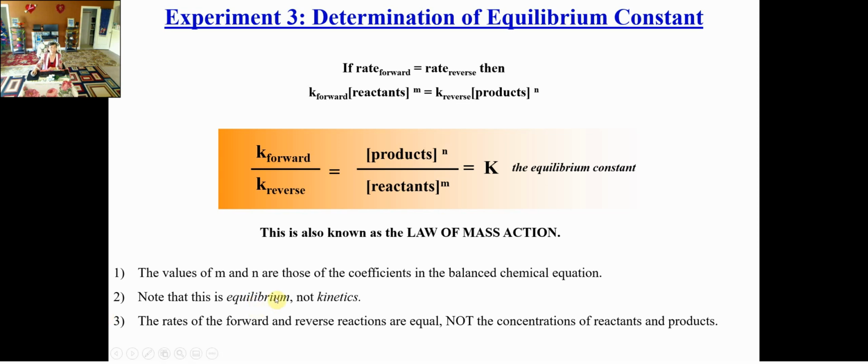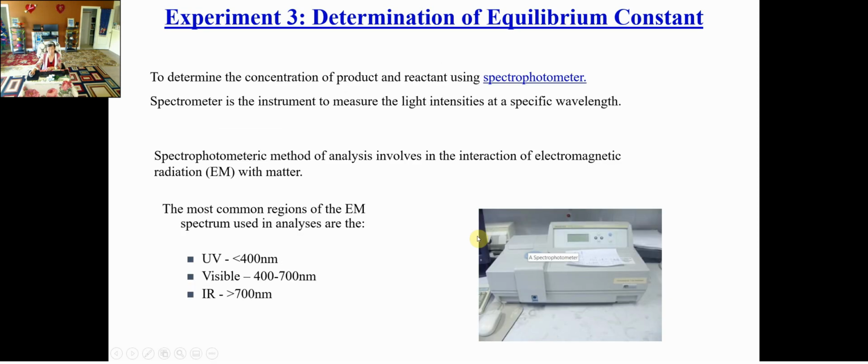This capital K is the equilibrium constant, not calculated by your kinetic study. The forward and reverse reaction rates are equal, but that doesn't mean the concentrations of reactants and products are equal. There is no net change, but they are not equal to each other. Your K can be big, small, or intermediate.